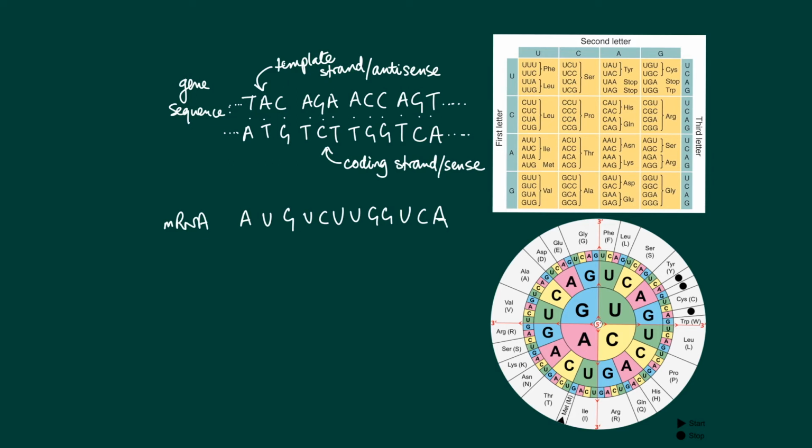Then the mRNA is translated. And when the mRNA is translated, as we discussed earlier, the sequence of bases is used to put the amino acids in the correct order. That's really where our genetic code comes into play, because it's here that our sequence of bases is used to determine which amino acids are put together in the polypeptide chain.